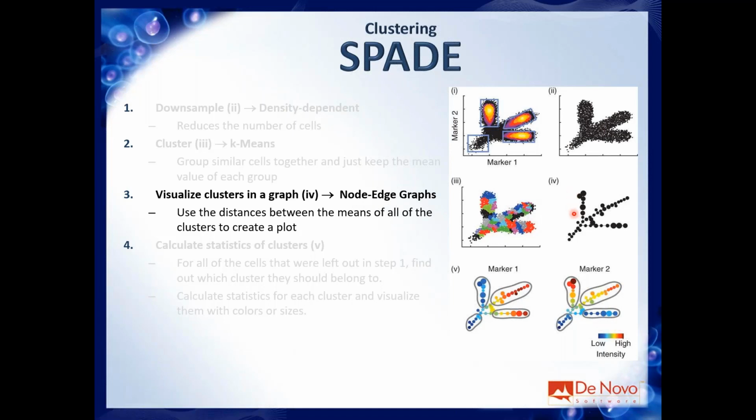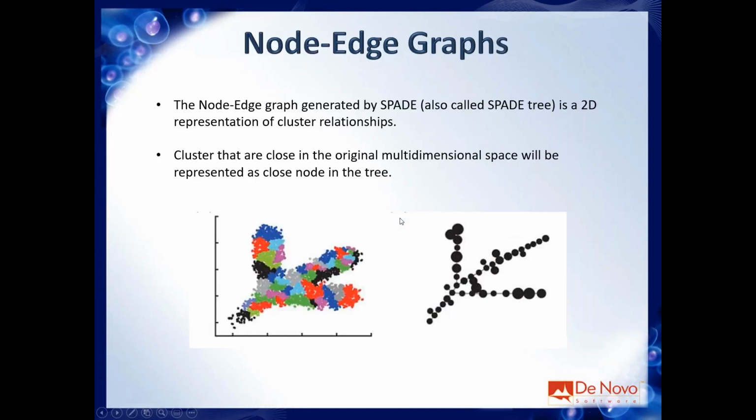And so it's going to group clusters that refer to similar populations together. This SPADE tree is what's called a node-edge graph, and it's kind of intuitive because clusters are represented by nodes and nodes are connected by edges. And this is the way in which SPADE is working to do this.